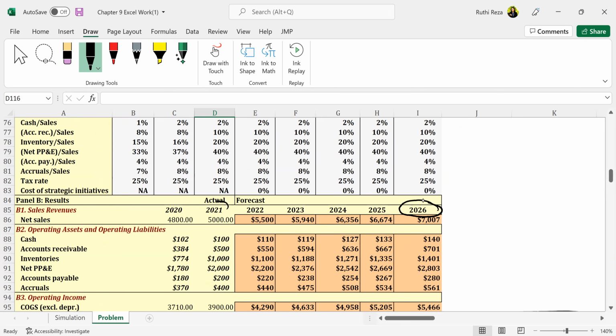But our current year is 2021. So we need to discount our terminal value from the year 2026 to the year 2021. Now, for how many years do we need to discount? We need to discount for the difference between 2026 and 2021. That means we need to discount here for 5 years.